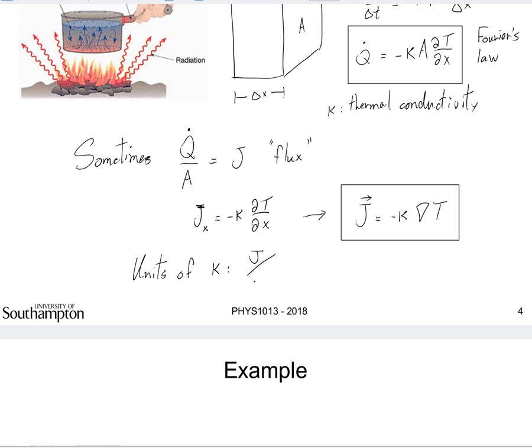So then it's just going to be meters times Kelvin, and then you have to divide by this. So joules per Kelvin second meter. Right? Or you could say watts per Kelvin meter.